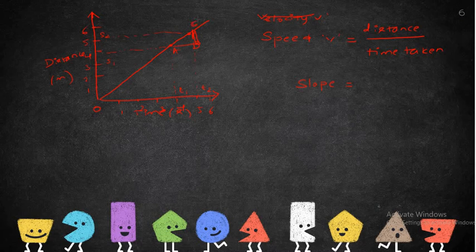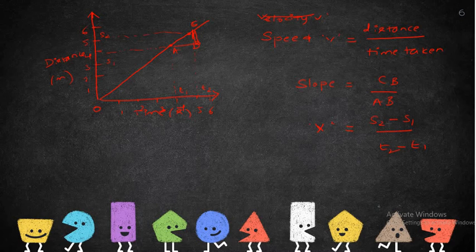I will consider one more point here. Slope is equal to CB by AB, right? Here the slope is nothing but the speed, that is V. And what is CB here? That is S2 minus S1 divided by T2 minus T1.